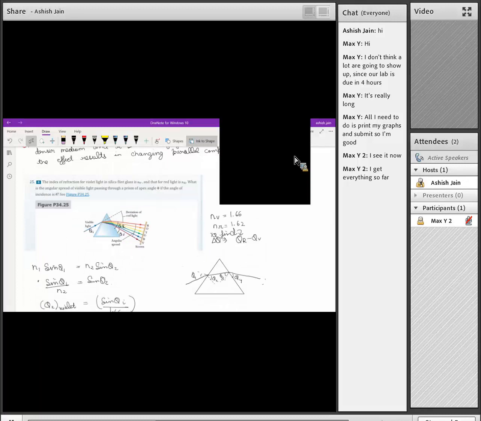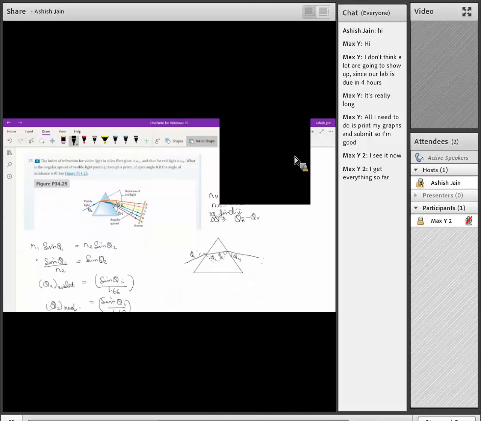Let me correct this. I think I missed the value of theta I in the question. Yeah, the value is given as 50 degrees.